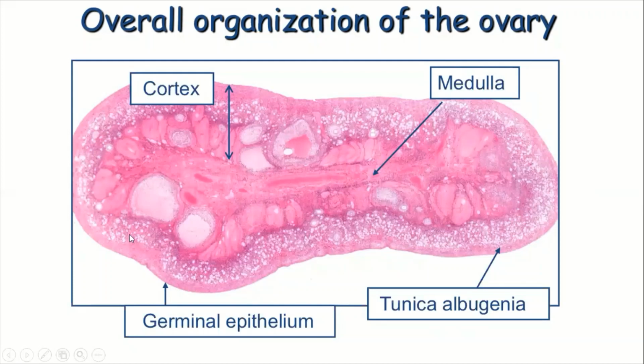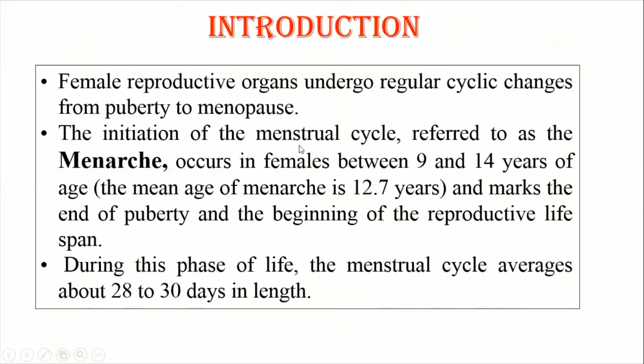The peripheral part is called the cortex, surrounding the central part, which is called the medulla. So the overall organization of the ovary: it has an outer, peripheral cortex and a central medulla.